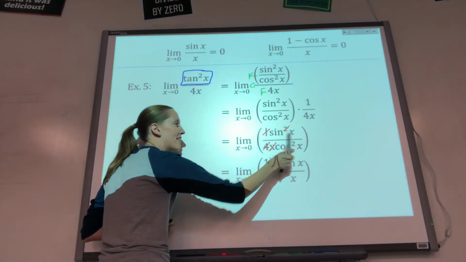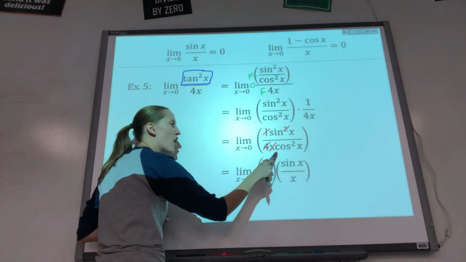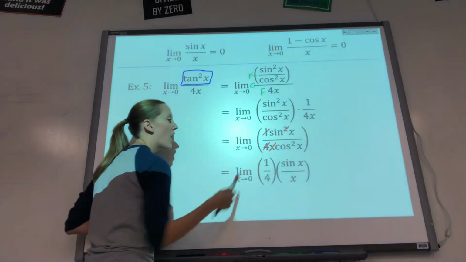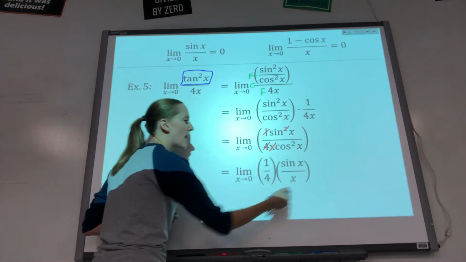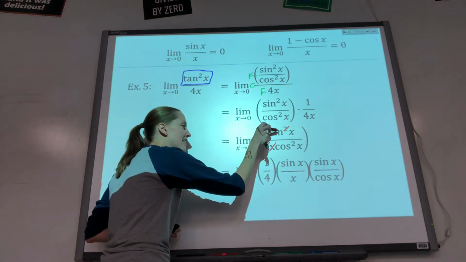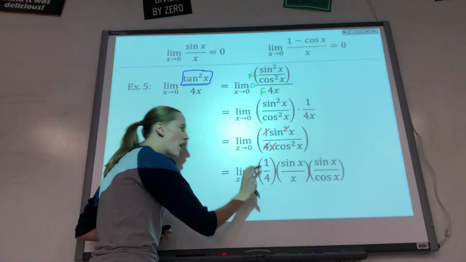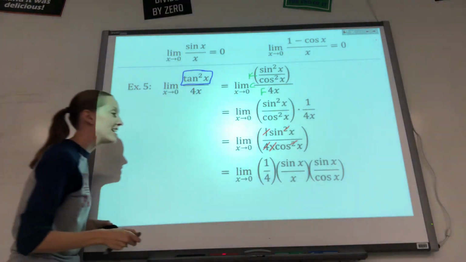You still have a sine of x on top, and you've got a cosine squared on bottom. I'm going to pull out just one of those cosines to make it sine of x over cosine of x, because I know that's going to turn into tangent.